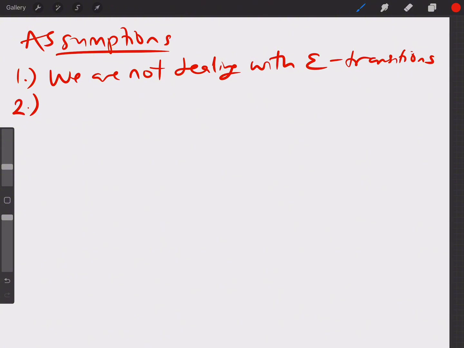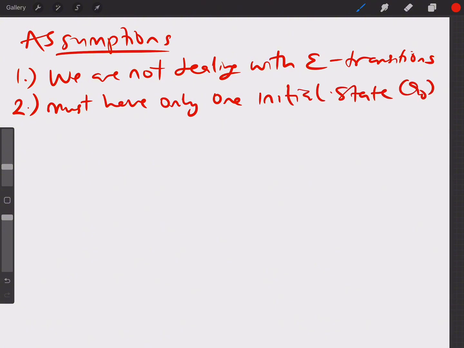Number two, we must have only one initial state, let's say Q naught. We shouldn't have multiple initial states. We shouldn't have like two initial states. We need one initial state.